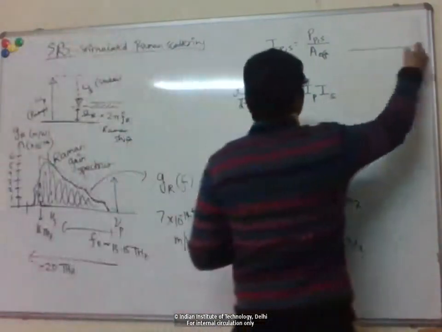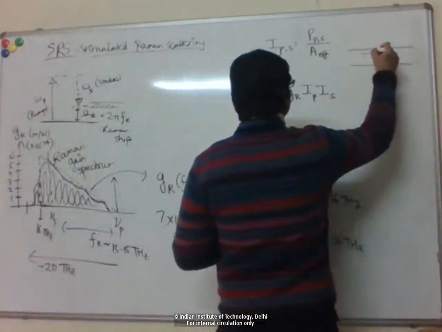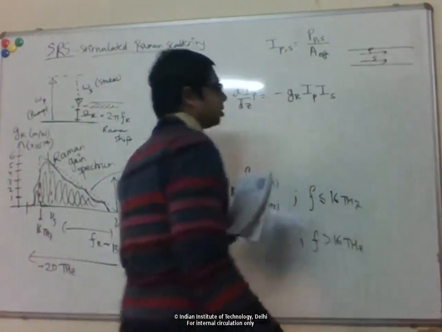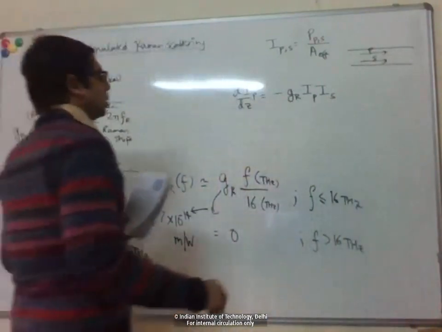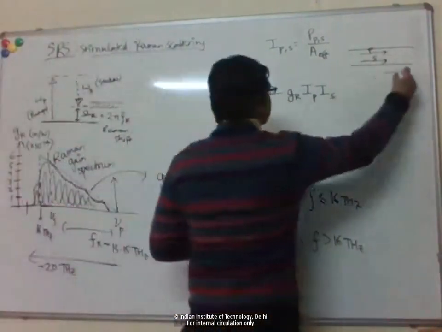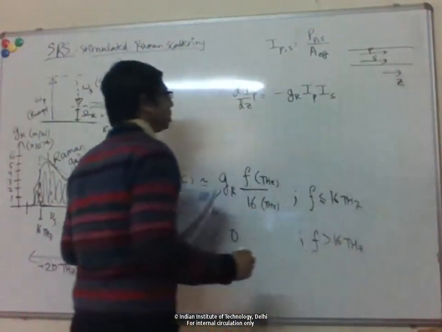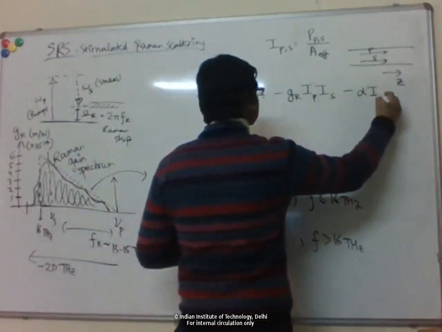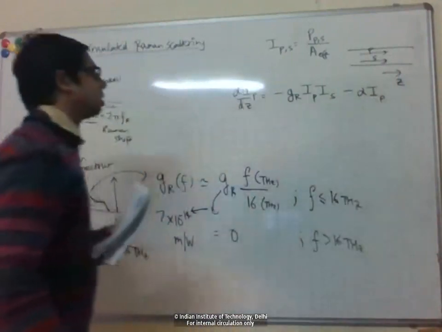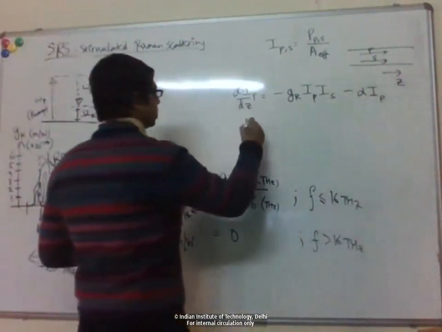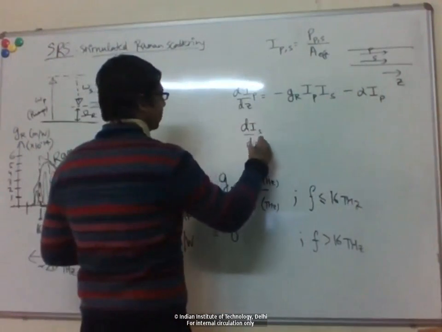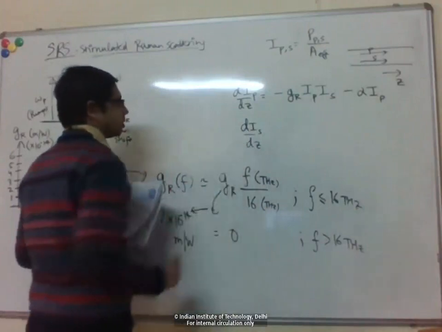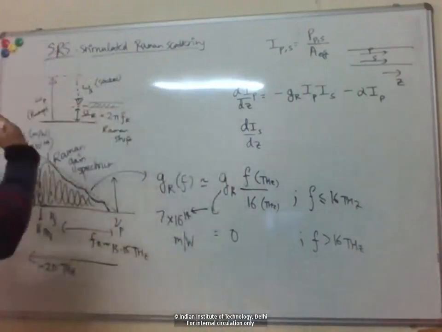Right, so now, as we said, we consider the pump and Stokes co-propagating usually. So both are traveling in the plus z direction. Right, and then we could again have the usual linear loss. And then for Stokes, it's also traveling the plus z direction here. Right, recall again for Brillouin we had a minus sign here because it was traveling backward.